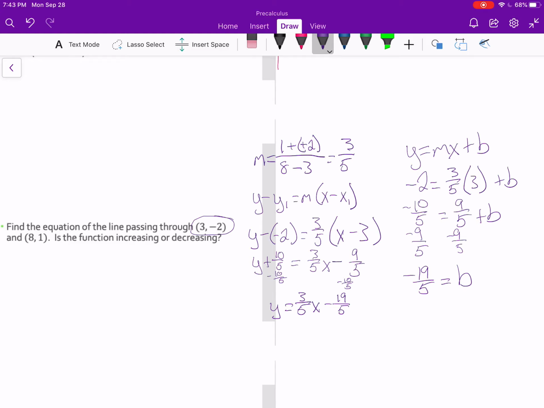And then plug it back into our y equals mx plus b. Notice we got the same equation both times. Doesn't matter how you do it as long as you get the same answer. And then to figure out if the function is increasing or decreasing, we're going to look at the slope. So in this case, our slope is positive, so that means our function is increasing.